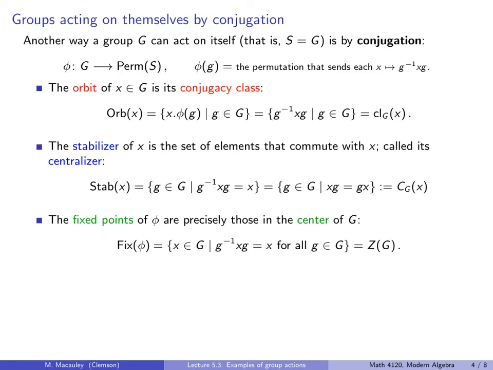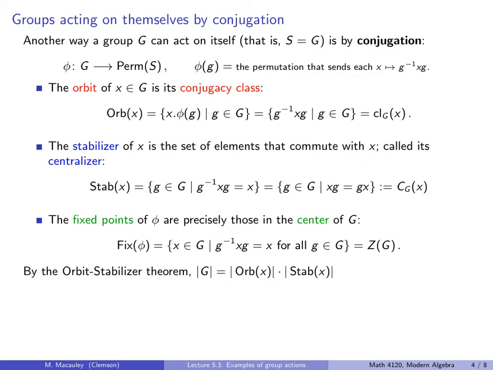And of course, g inverse xg equals x is the same thing as saying xg equals gx. And that is the definition of the center. All elements that commute with everything in the group.